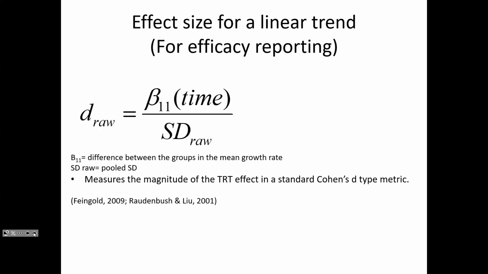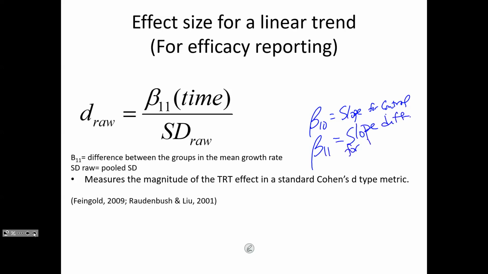Imagine I have beta 1,0 equal to the slope for the control group, and then beta 1,1 would be the slope differential for the treatment group. Beta 1,0 is the intercept of the slope. Beta 1,1 is going to be the effect of treatment on the slope. That's a better way of saying it.